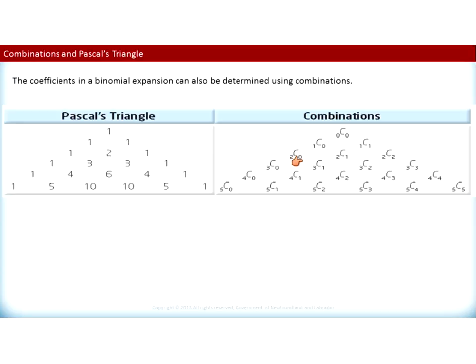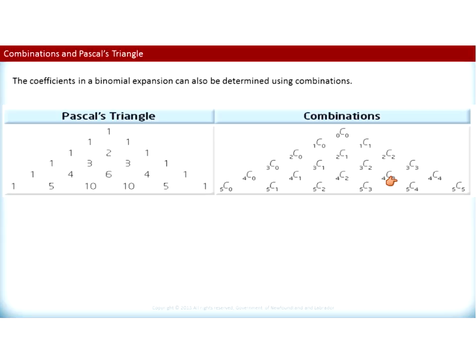The C of 2 choose 0 is 1. The C of 2 choose 1 is 2. The C of 2 choose 2 is 1, and so on. 3 choose 0 is 1. 3 choose 1, 3. 3 choose 2, 3. 3 choose 3, 1. Notice how we're increasing by 1 each time.